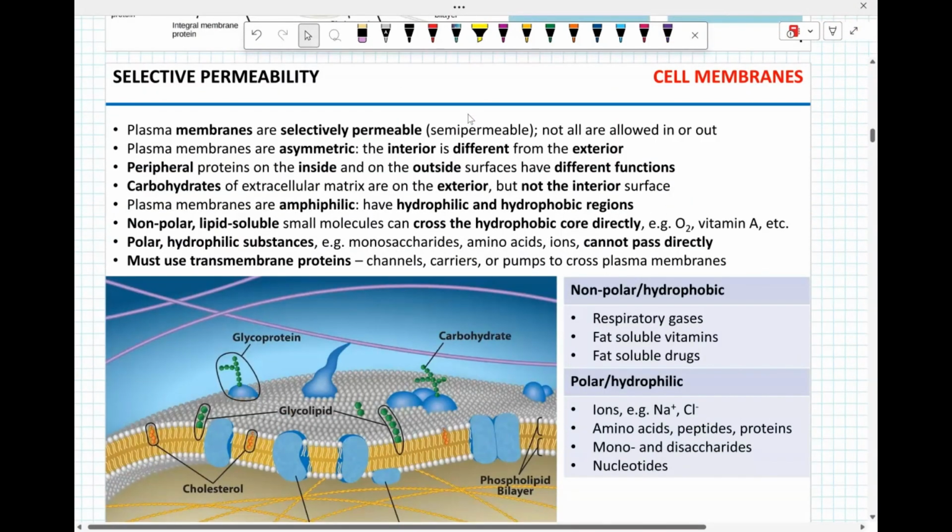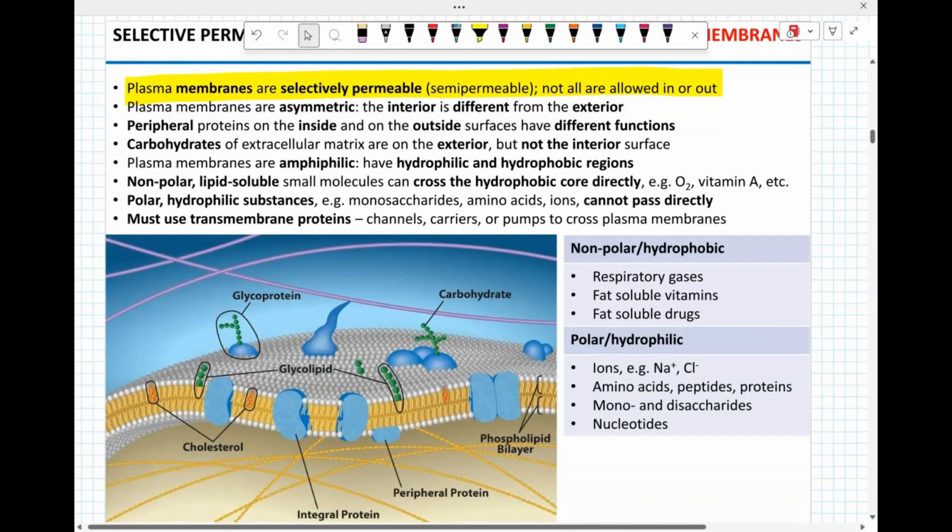Now, plasma membranes, one of the key properties of the plasma membranes is that they are selectively permeable. What does that mean? It means that not everything can get in or out of the cell. Another important feature of plasma membranes is that they are asymmetric.